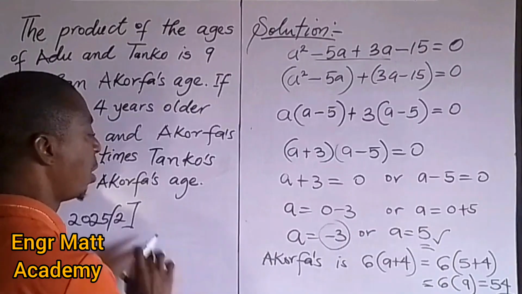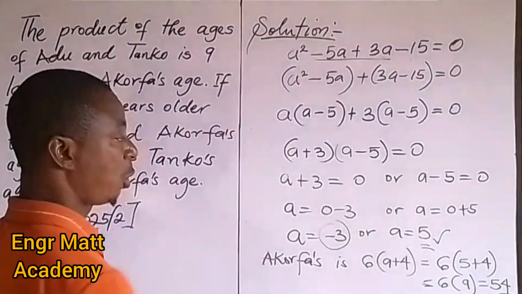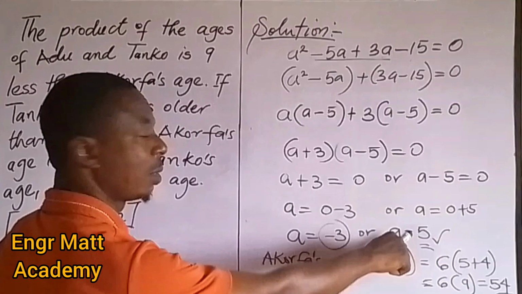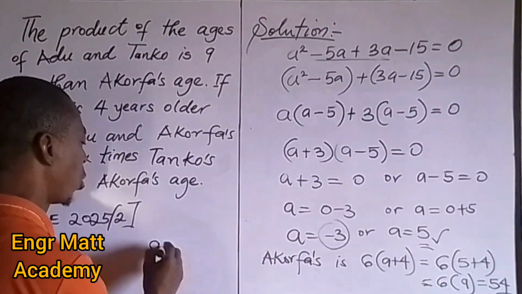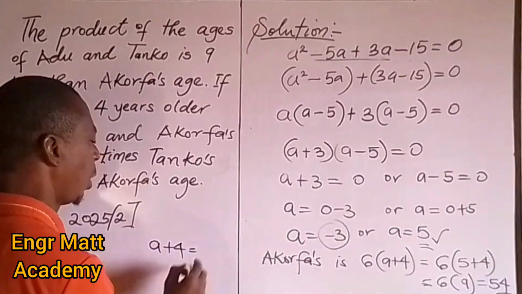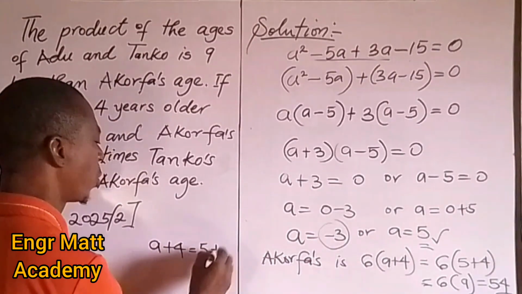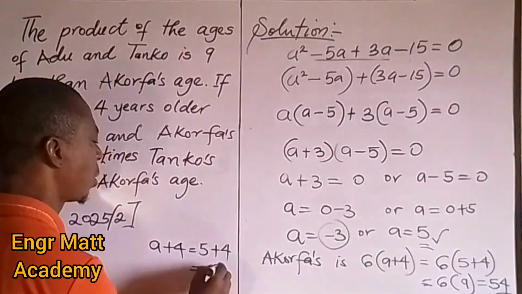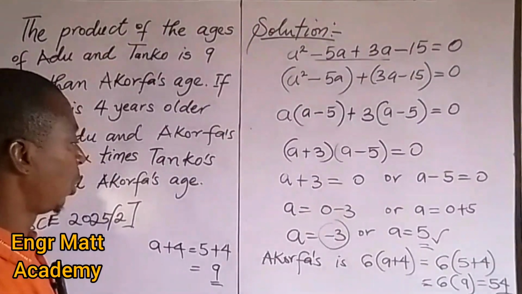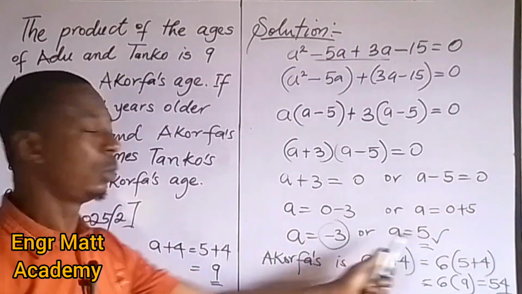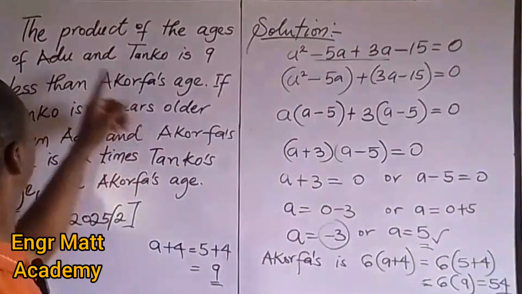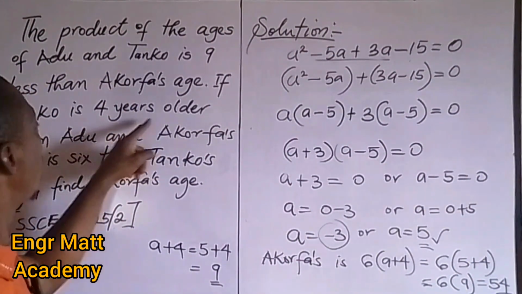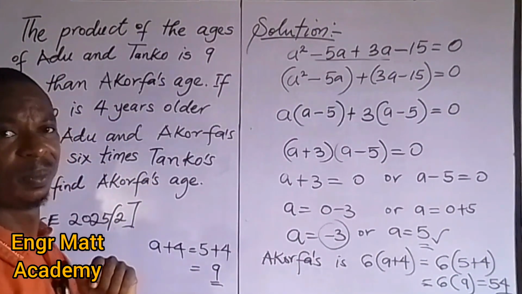The interesting thing about a quadratic equation is you can check if your answer is right or wrong. Since we now know that Adu's age was 5 years, then we can say that Tanko's age, which was a plus 4, will now be 5 plus 4. That gives us 9 years. So Adu was 5 years old, Tanko was 9 years old. Remember that Tanko is 4 years older than Adu.